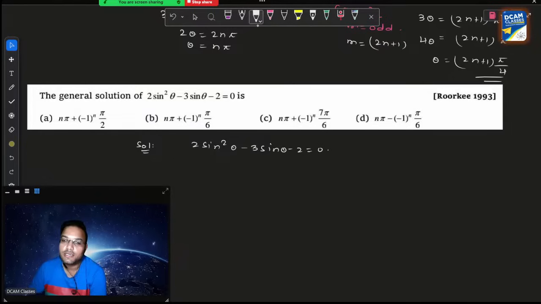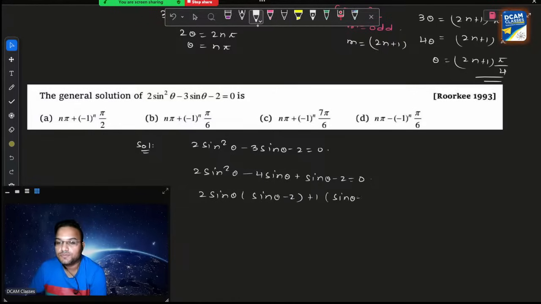So 2 sine square theta minus 4 sine theta plus sine theta minus 2 is equal to 0. We'll factorize it: 2 sine theta into (sine theta minus 2) plus 1 into (sine theta minus 2). Now (2 sine theta plus 1) into (sine theta minus 2) is equal to 0.